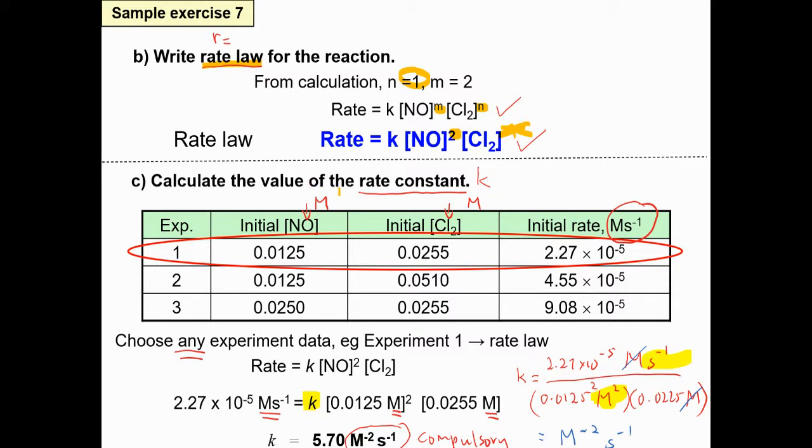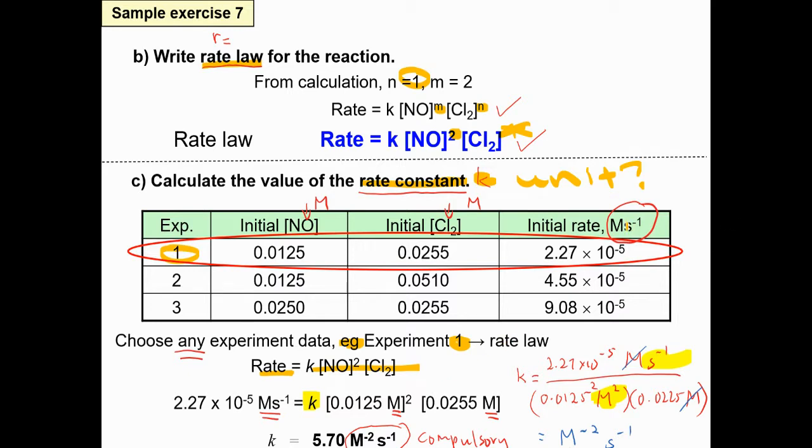Now another one which is more difficult for students, because most students have problems finding the correct unit. To find the rate constant, since we already know the rate law and we also know the rate, you can choose any experiment data. It can be experiment 1, 2, or 3, but I choose number 1, for example.